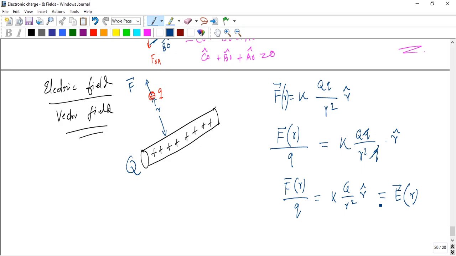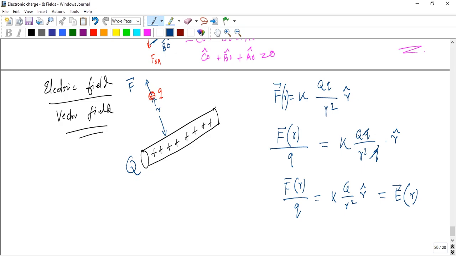So field means a boundary. Actually, it is the area of that object where it can apply force. That's the boundary of the object, and that's called an electric field. At that point, a q charge experiences some force, but at a certain point the q experiences zero force due to the source body. That is the boundary of that field.